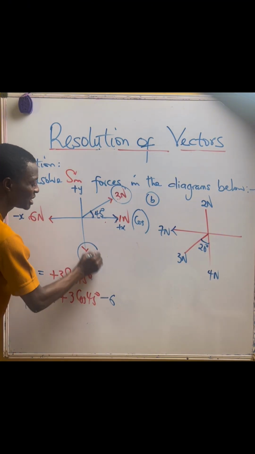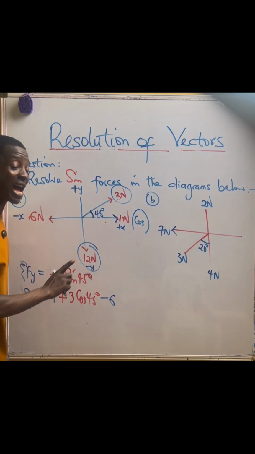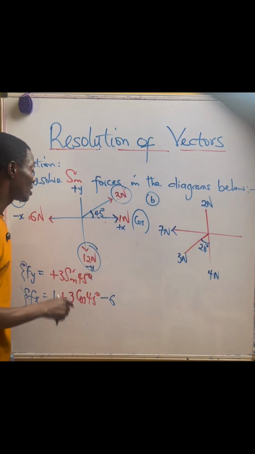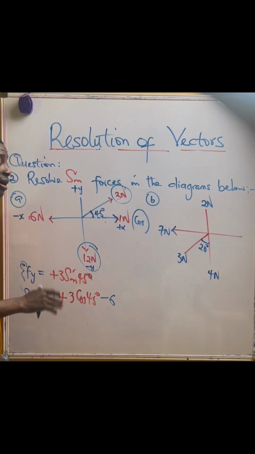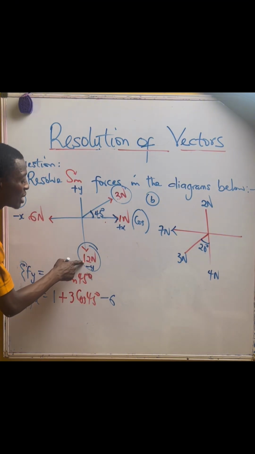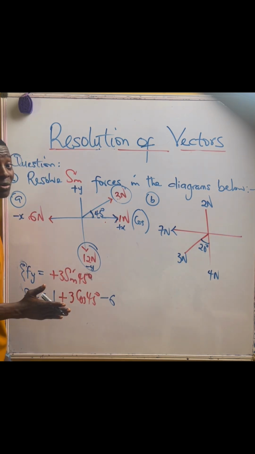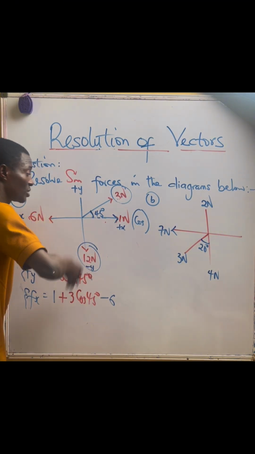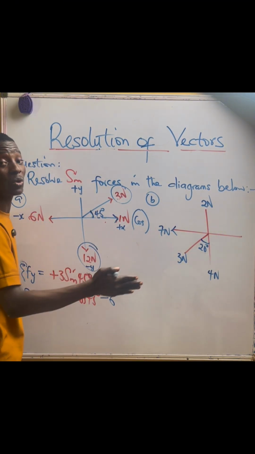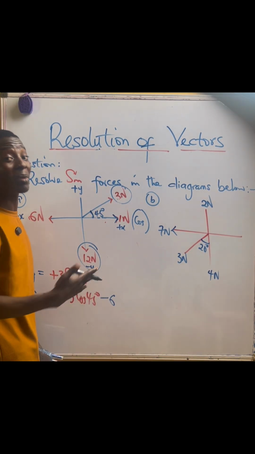Then we have this last force, which is 12. Now, this 12 can only play as a y-axis force. Why? Because it's falling purely on y. And whenever you want to account for it, you can pick it direct, since the angle here is a default angle. The default angle is 270 degrees. Do you understand? You can say 12 sine 270 degrees, because you're dealing with the y-axis, which when you press it on the calculator is going to give you minus 12.